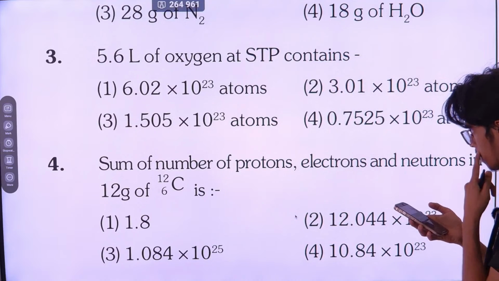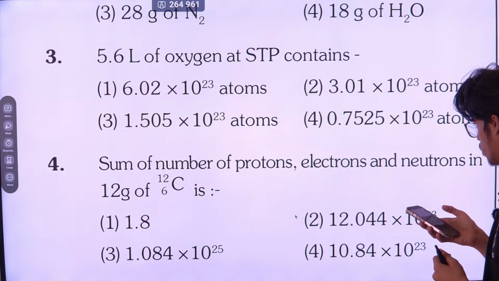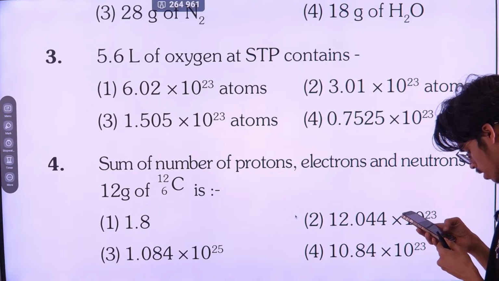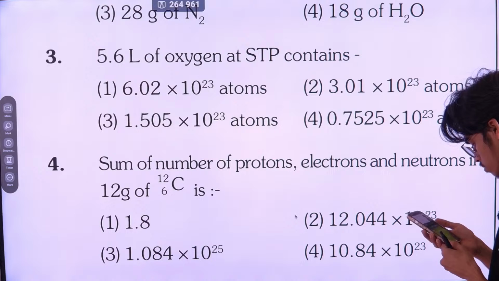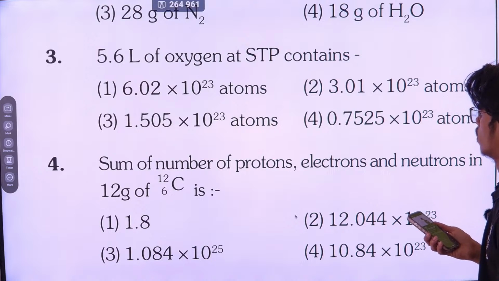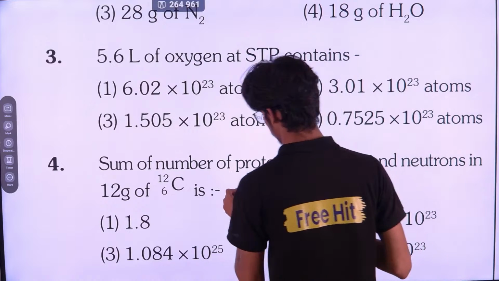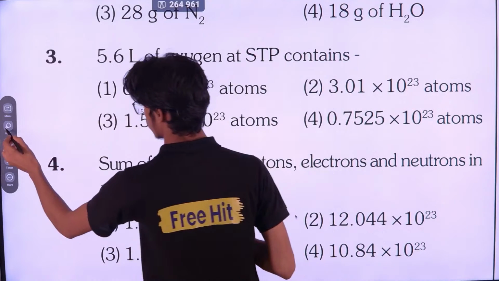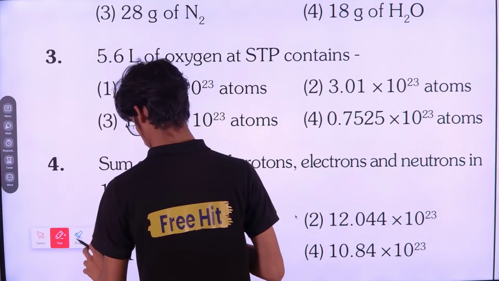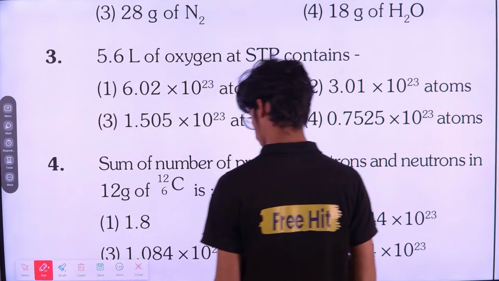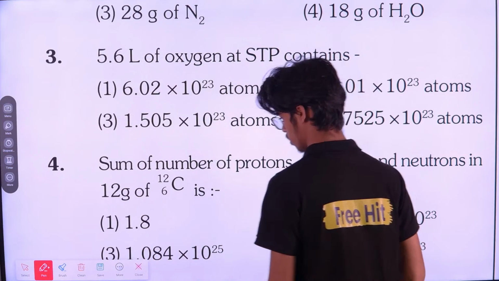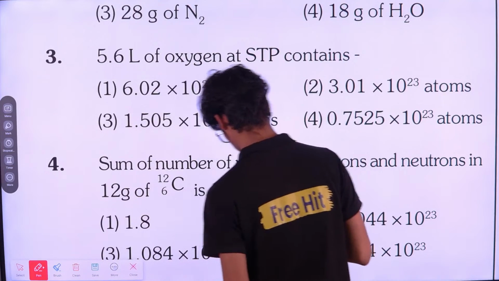Why 14? Number of protons, electrons and neutrons. See, what is the total amount of electrons, protons and neutrons? Tell me. 12C6. Fourth, option number 3. Somebody has found the answer. Very good.